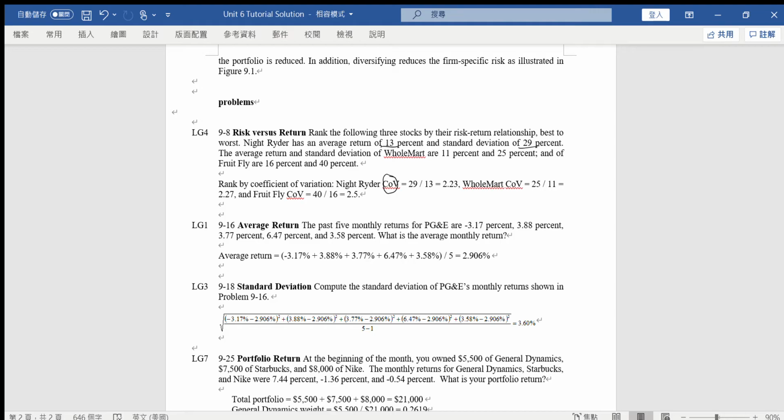While for Whole Mark, you have a standard deviation of 25 and an average return of 11, which gives you 2.27. And then for Foot 5, you have a standard deviation of 40 and a return of 16, and the coefficient of variation is 2.5. According to the previous question, the smaller the figure, the better the risk and return relationship. So you are required to rank from best to worst: the best one is this one, number 1, second is this one, and the third is this one.